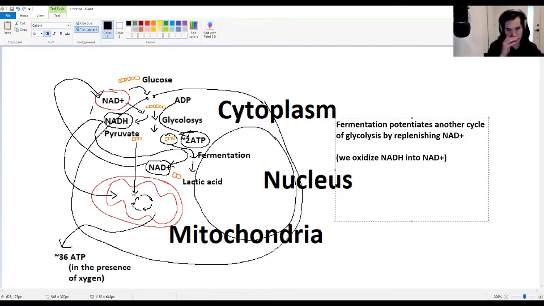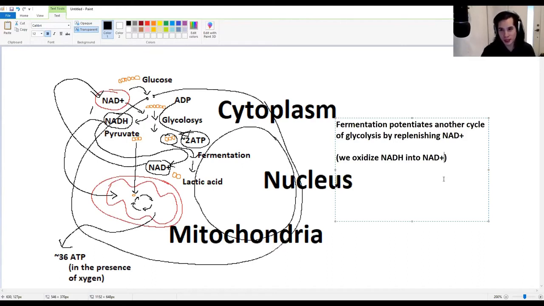That's important to know. That's going to be on the test because I'm going to have a question saying, what's oxidized in fermentation? We're oxidizing NADH into NAD+. Don't mind me just highlighting that. Make sure I remember. Gotta be on the test.